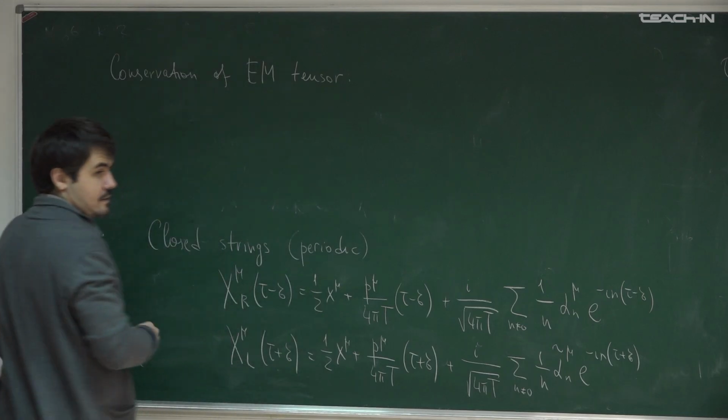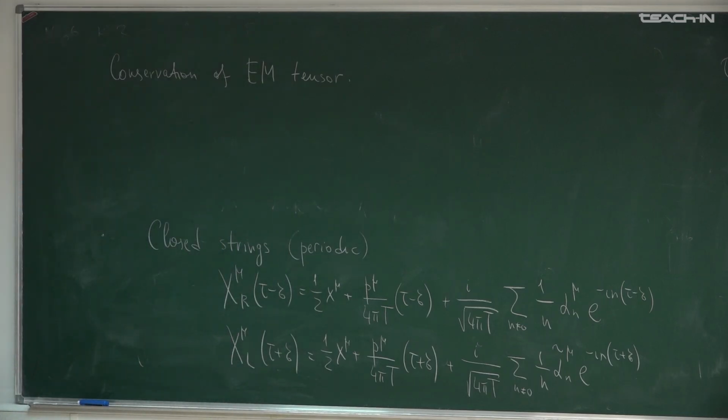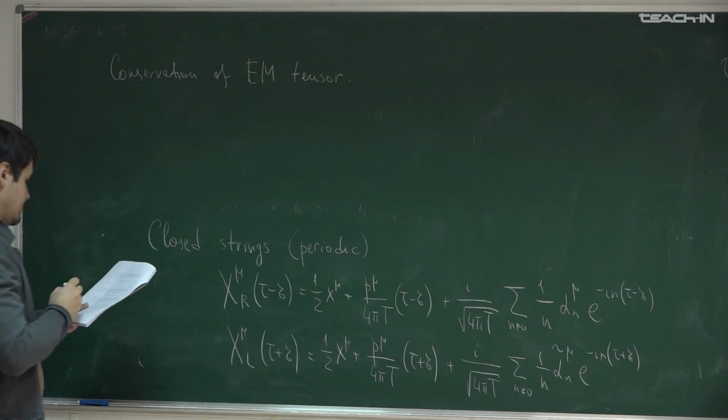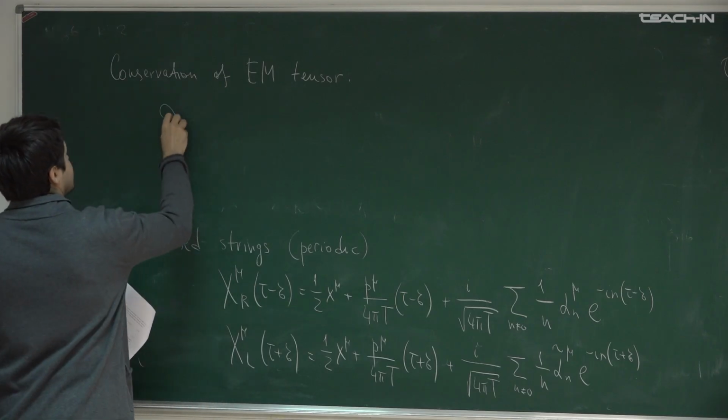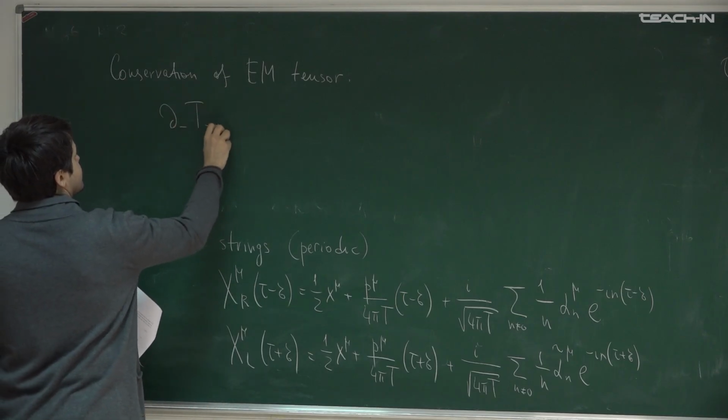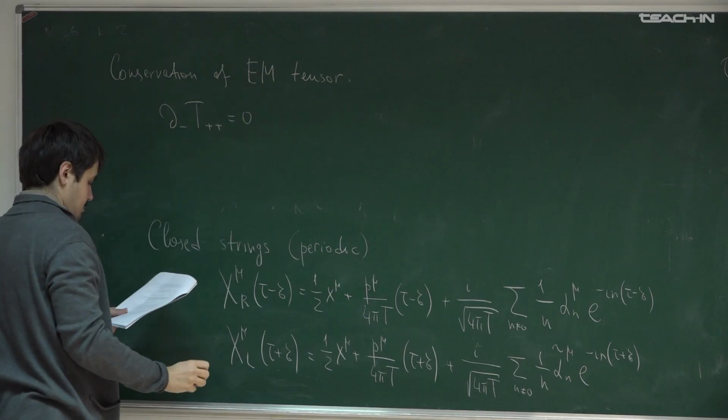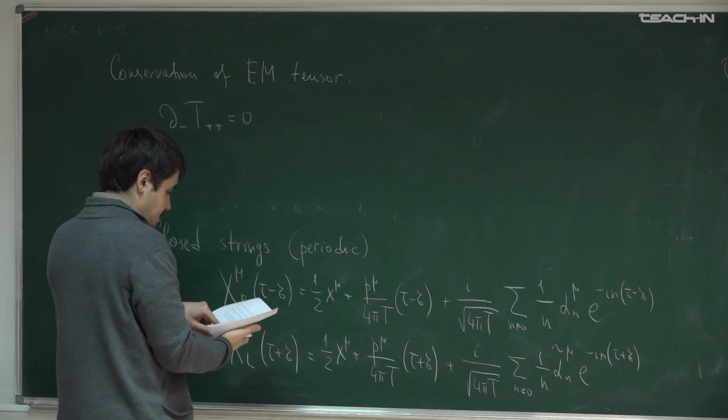In this type of theories where the energy momentum tensor is traceless, the conservation equation has the form d minus T plus plus is 0, as we discussed.